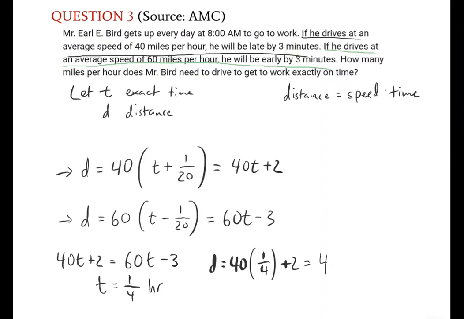Oh, not 48. That's the answer. Oops. We can find that his distance is equal to 12. And now if you plug it back into this equation, 12 equals speed times time, then we'll find that his speed is equal to 48.